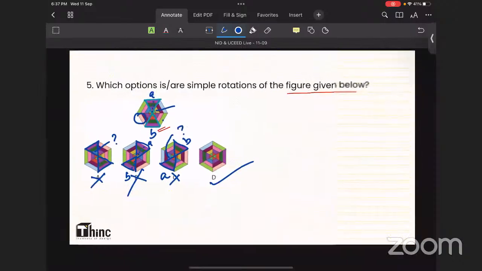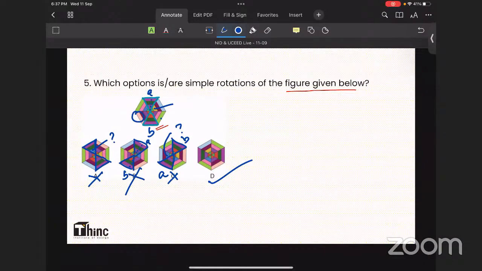That's it regarding rotations. Now over here, Arnav asked how to manage time in UCEED. Time management. First of all, get an idea about all the basic facts. Then use a clock, like a stopwatch, for solving questions. And identify solvable and non-solvable, that means time-consuming, questions.